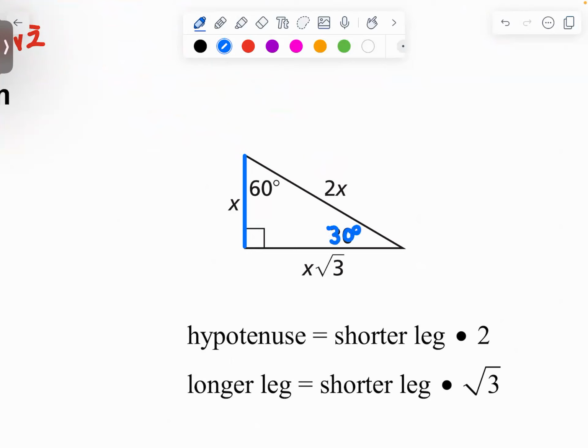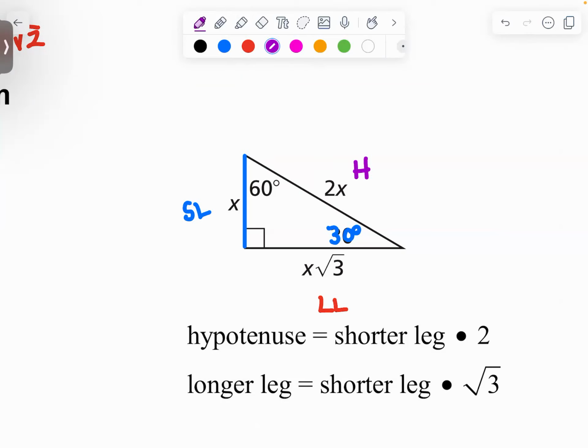So when I say short leg, we're across from 30. When I say long leg, we're across from 60. And obviously we know that the hypotenuse is the hypotenuse, okay? So what I want you to do is I want you to write SL right here for short leg, and write LL right here for long leg, and then write H for hypotenuse, okay? That's what we're talking about.